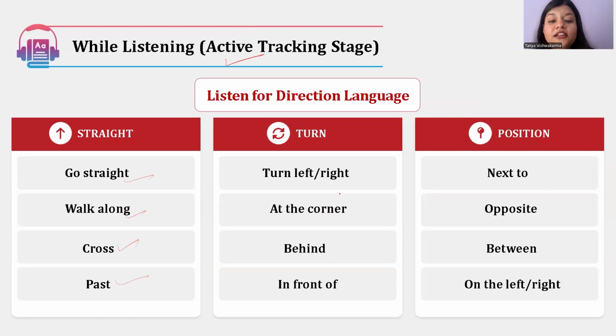For turns, you can encounter these terms. And for position, you can encounter these terms. The preciseness of the position is very, very important. Why? Because you need to understand what is meant by next to, beside, by, opposite, between, adjoining.